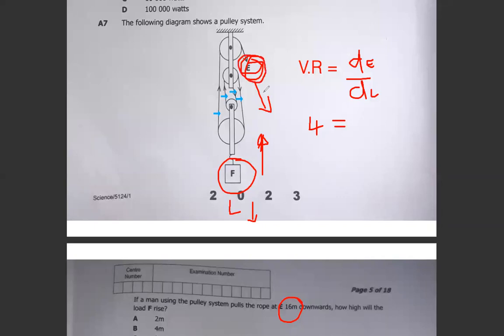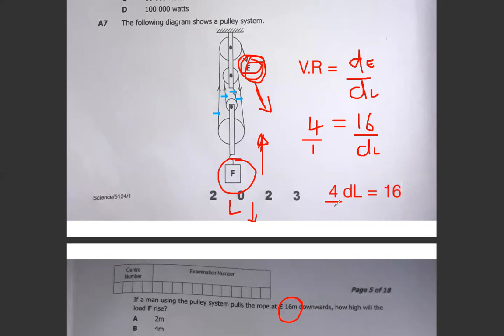This is equal to the distance moved by the effort, and we are told that the rope moves a distance of 16 meters. Then what will be the distance moved by the load? When you cross multiply, you are going to have 4 times the distance moved by the load is equal to 1 times 16, which gives us 16.